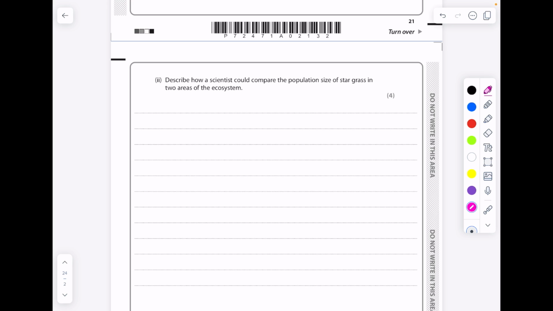Describe how scientists can compare the population size of stargrass in 2 areas of an ecosystem. I'm hoping this is screaming quadrats. So use quadrats, make sure you spell this word properly, which have been placed randomly.